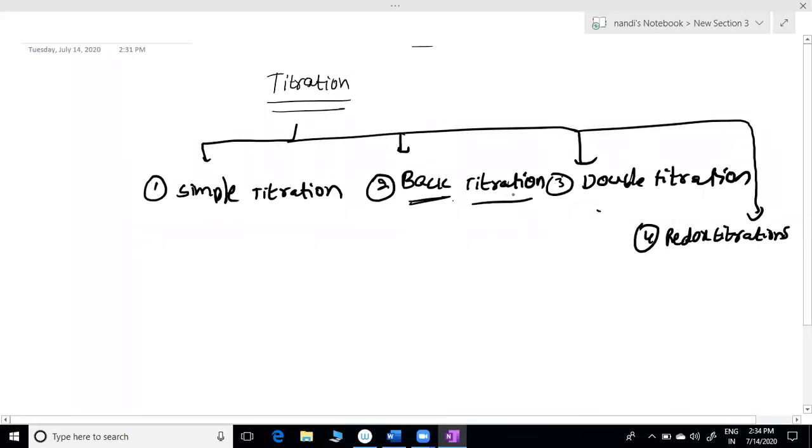Double titration, redox titration. Any other, please? Any doubt? Understood?